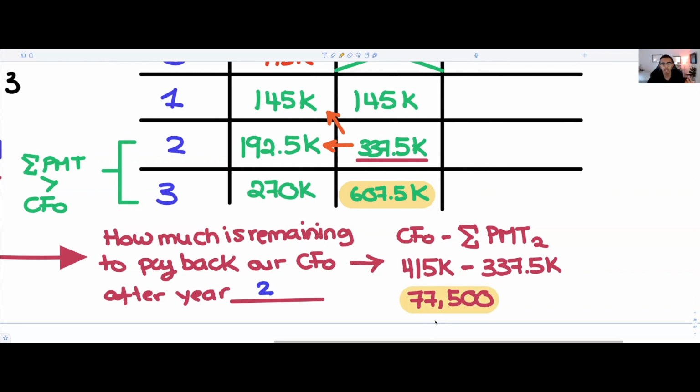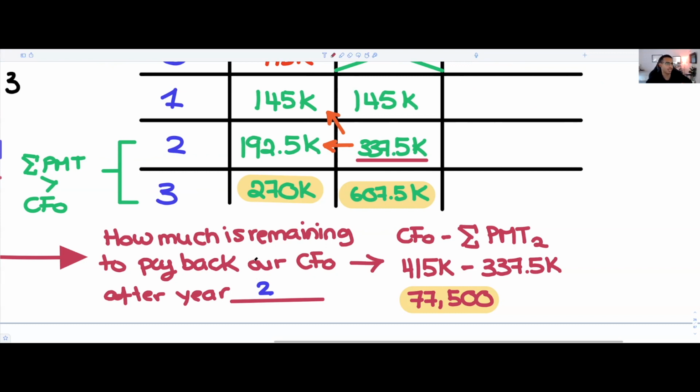And now the reason why this is awesome is because we also know that we're making $270,000 in year 3, right? That's how much cash flows we're going to be making from this project in year 3. But what's awesome is that you could actually say, well, assuming that every single dollar is equally distributed within the year. So throughout the 365 days, or call it 12 months or 52 weeks, assuming that they're equally distributed throughout the year, you could say, well, technically, I only need $77,500 from that $270,000 that I'm making in year 3 to be able to meet my initial investment.